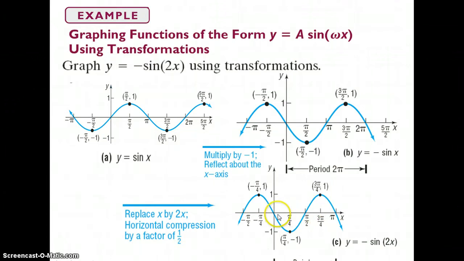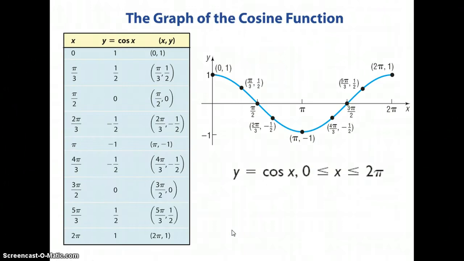So pi is the period because it's 2 pi divided by 2. Notice up here, the period is 2 pi. So they look exactly the same, but we've just squeezed this graph, the second graph, in half because we cut the period in half. But again, this is our end result. I'm going to show you in a later slide how to do that a little bit easier and not have to write all those numbers down.